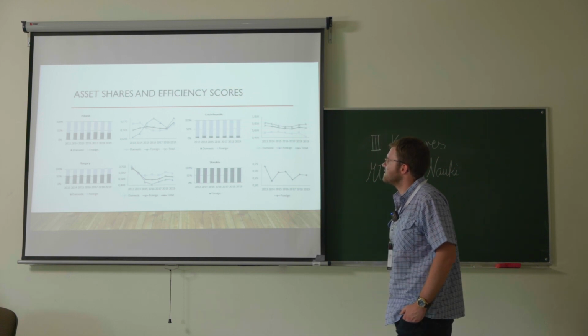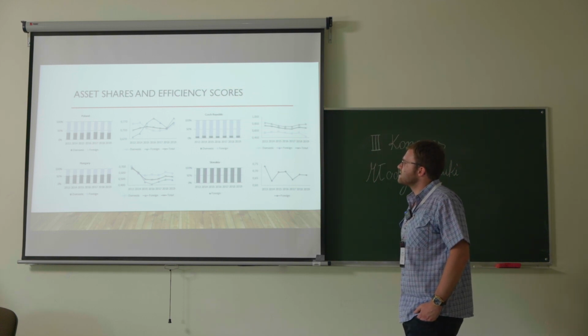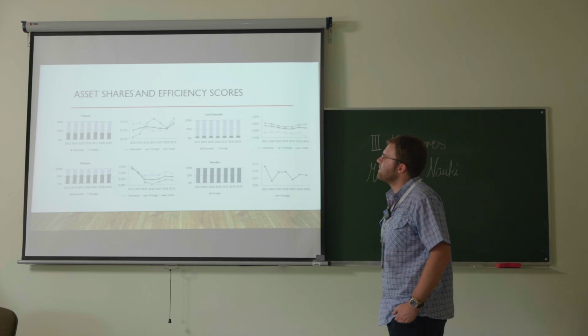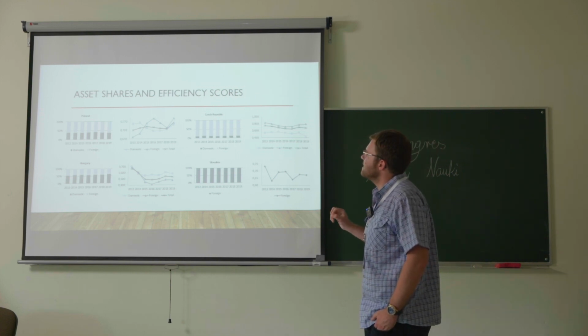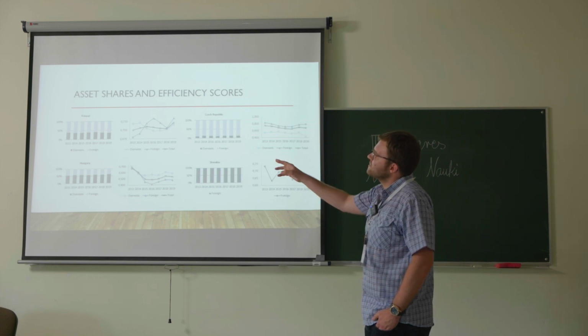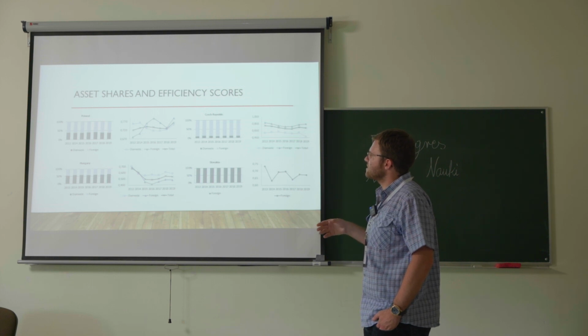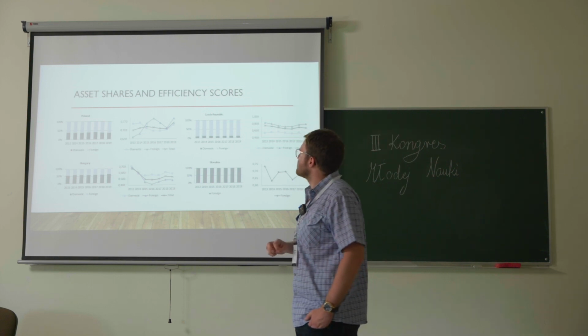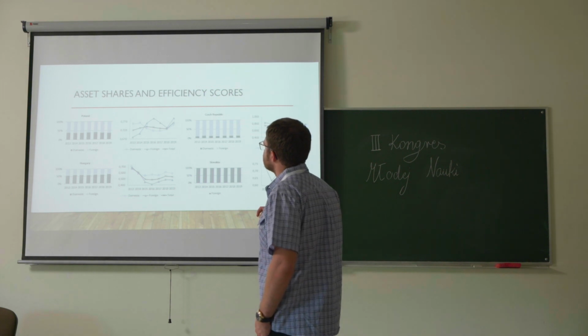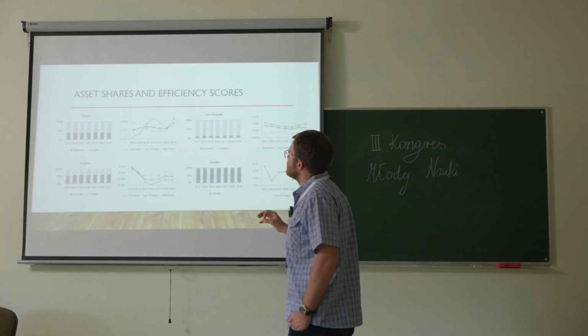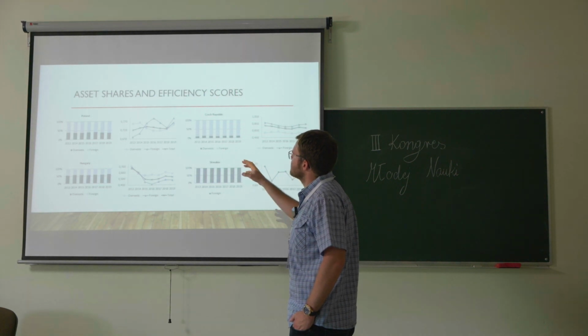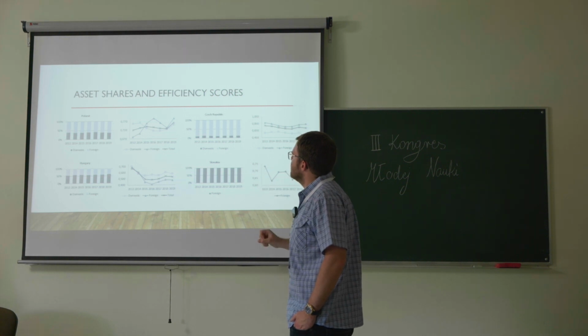Yes, and distinguishing between countries. The country with the most domestic share is Poland, of course. But as you can see in the graphic from 2017 to 2019, there is a slight reduction in the domestic share. But if we talk about the efficiency scores, domestic banks showed some growth of efficiency from 0.7 to 0.76.